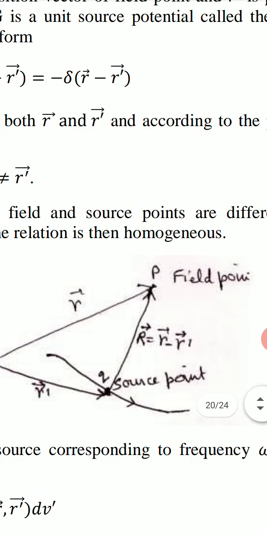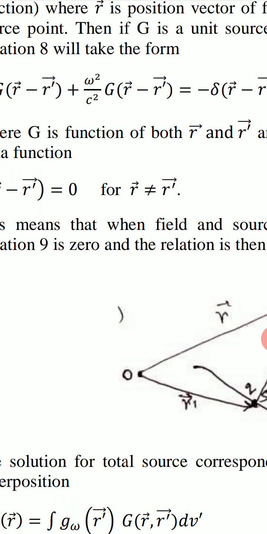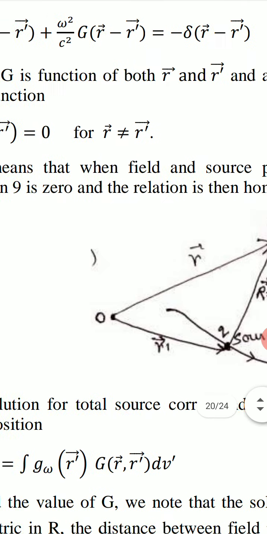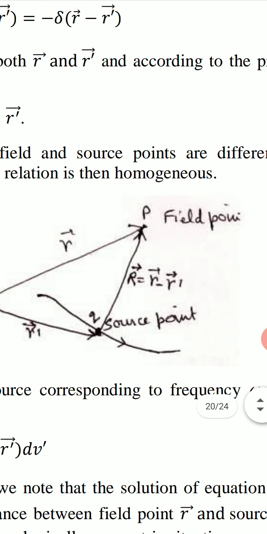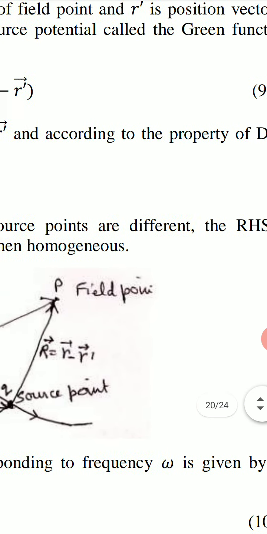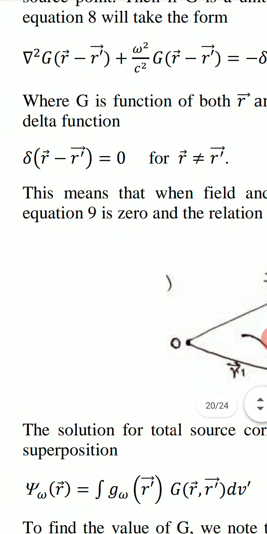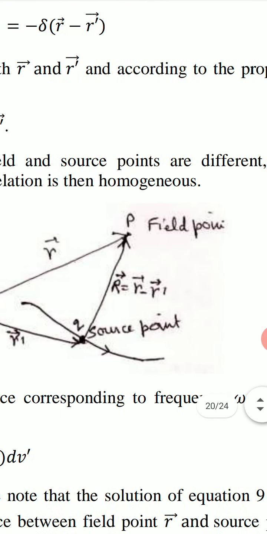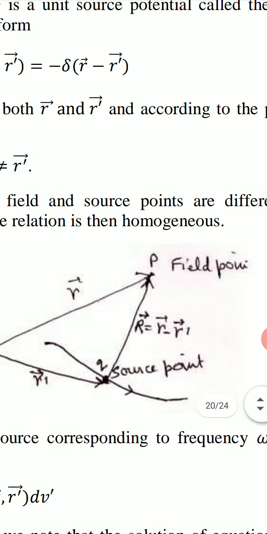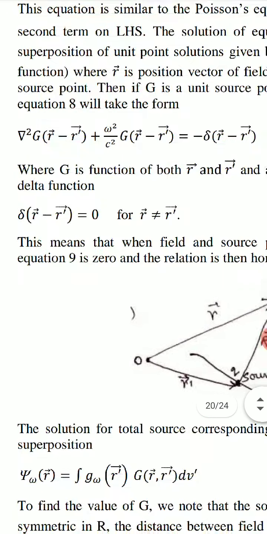In this situation the right hand side of this equation 9 is 0, and the relation is then homogeneous. So in equation 9, the right hand side will be 0 when field and source points are different, and this equation then becomes a homogeneous equation.